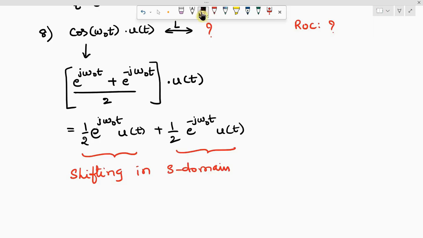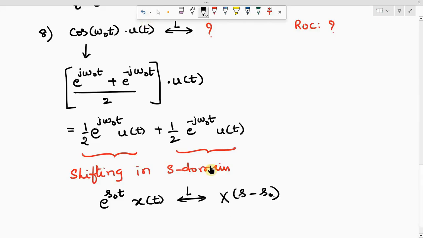Yes, sir. e power of s naught t into x of t. Laplace transform is, tell me, X of s minus s naught. Right, X of s minus s naught.